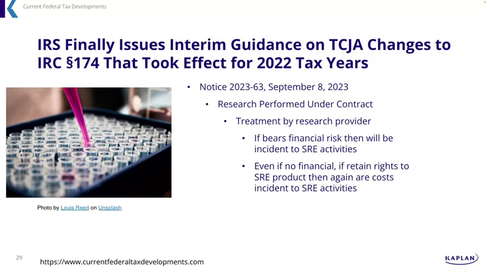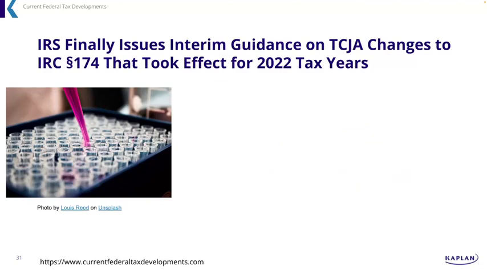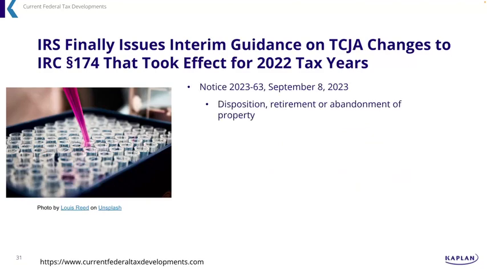You can use it for other purposes. If you continue to have the rights for that product, then it's still going to be SRE activities in your case. The presumption is you're doing this because, part of the reason you accepted probably a lower contract price was because you decided that it had some use for you in the future. That's why you basically negotiated for the right to continue to use that product once you've developed it.